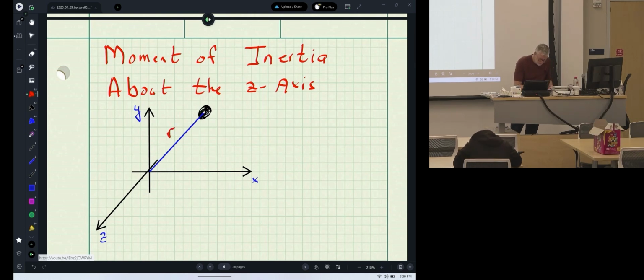R is the distance of our mass from the origin. So for a point mass, the moment of inertia about the z-axis is by definition equal to r squared times m. That's not calculus, that's physics.